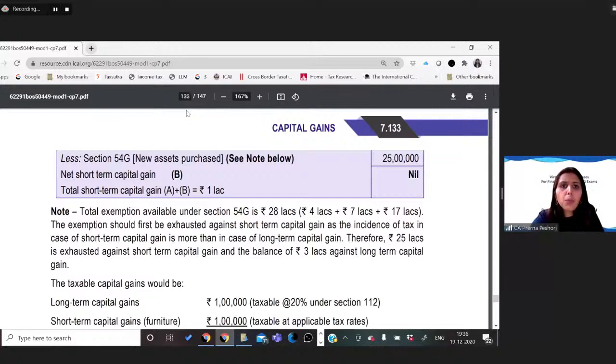Okay, if not, we can start with income from other sources. Are you clear with the capital gains chapter? Just reply to me in your chat boxes if you have understood this chapter well, or do you need me to cover something else before we start off with income from other sources?